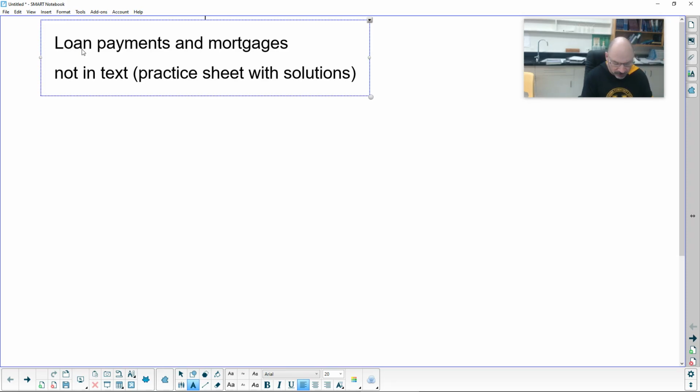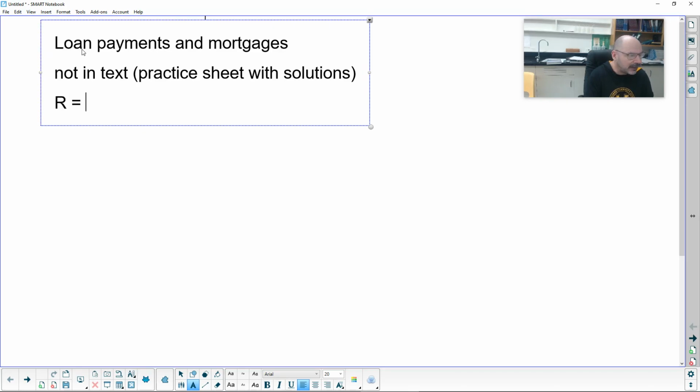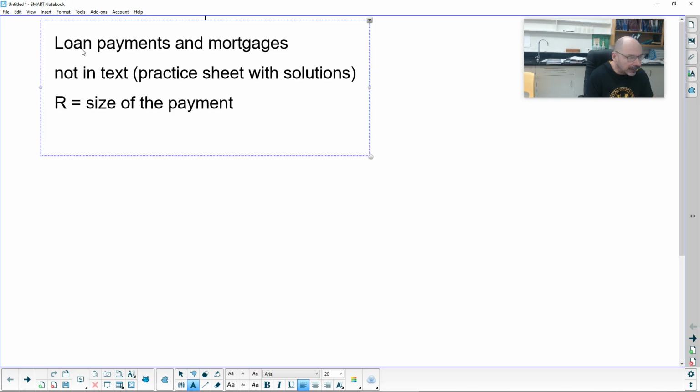Just to remind ourselves what all those symbols mean: the R, that's the size of the payment. The P is the principal, the amount of the loan.